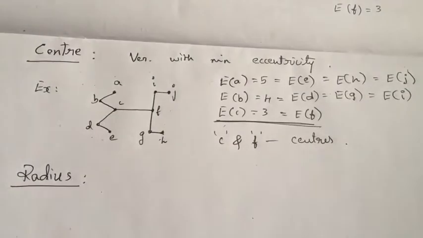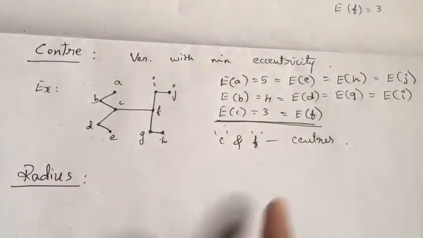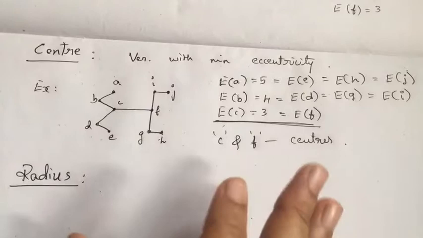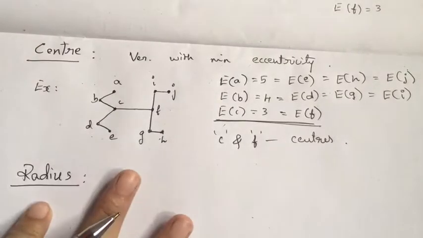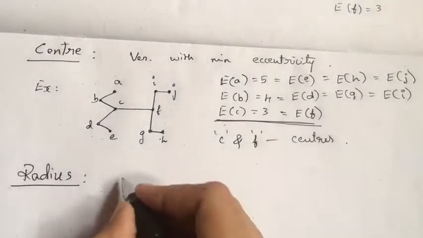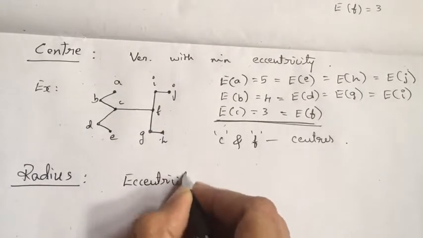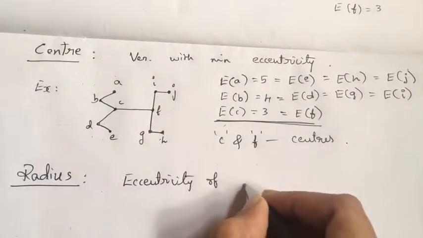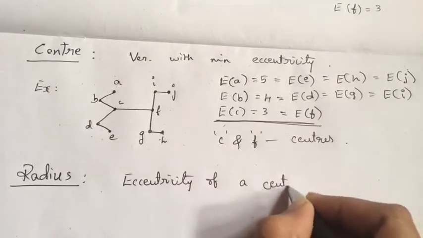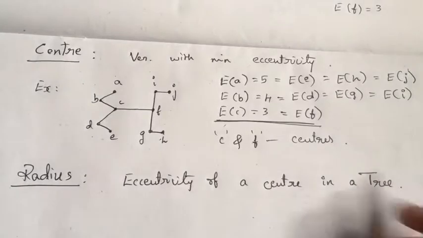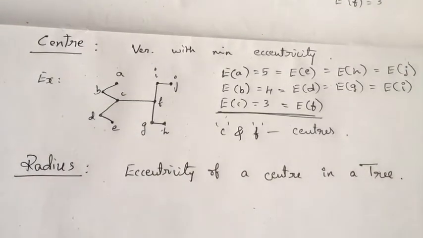of a graph. The eccentricity of a center in a tree is nothing but the radius of a tree.